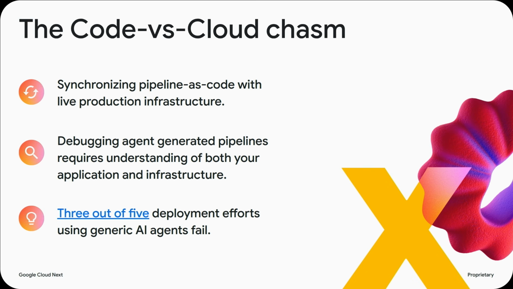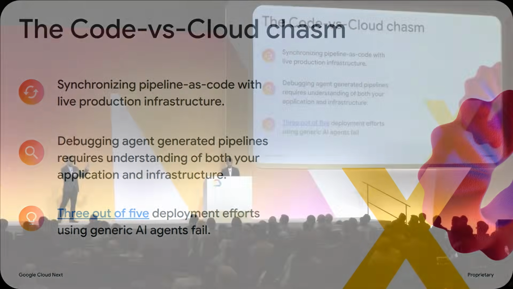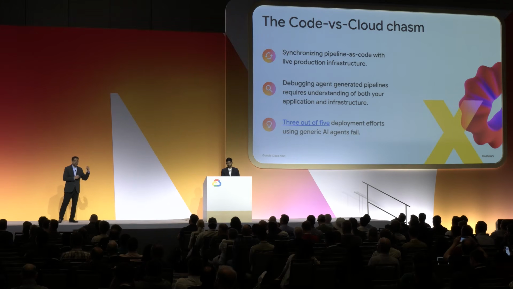Debugging your agent-generated pipelines requires deep understanding of your application design and infrastructure architecture. That's why almost 3 out of 5 deployments encounter issues when deployed, even using coding agents without additional help.